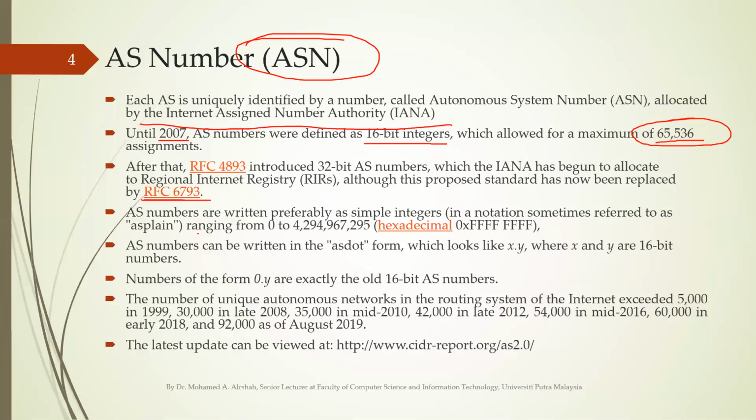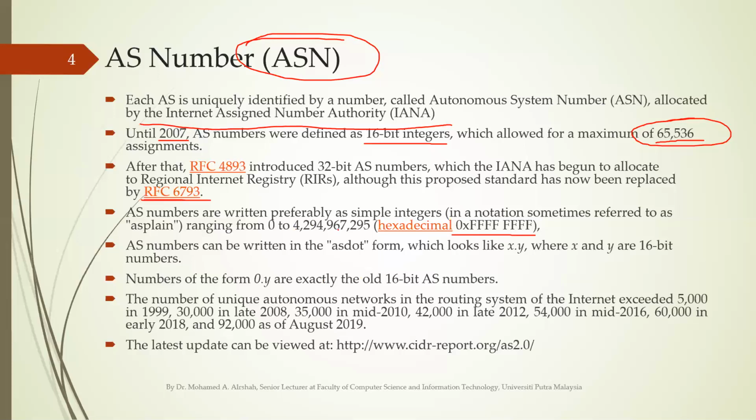So this AS plain ranges from 0 to this number. This number is 4,294,967,295. In hexadecimal, it can be like this, as you can see here.